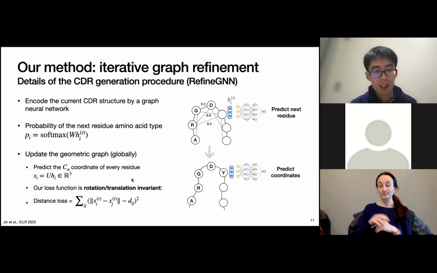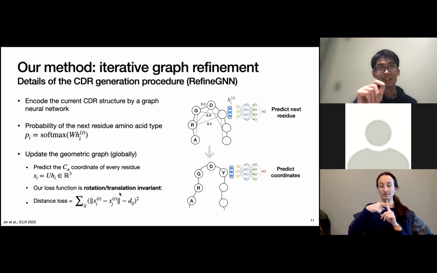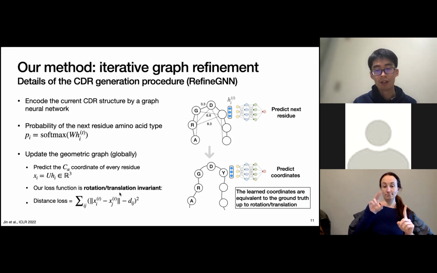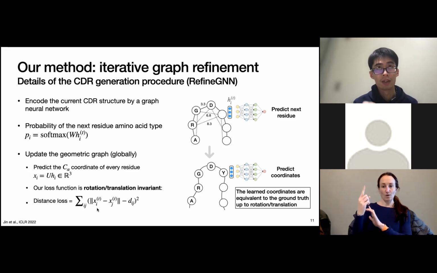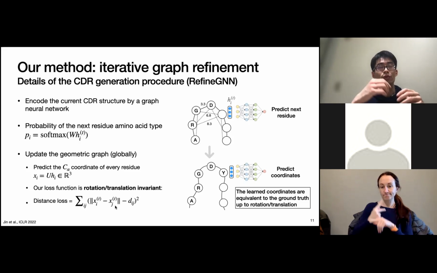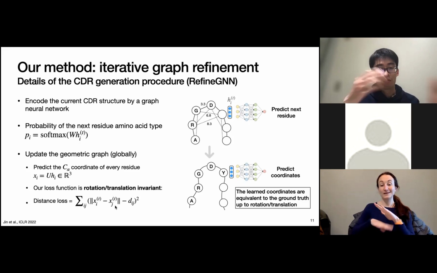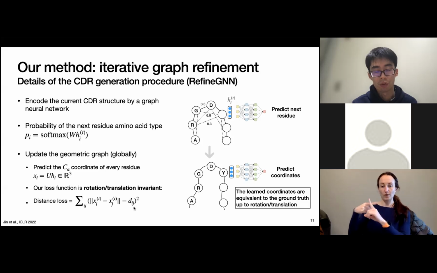But I just want to emphasize that our loss function is rotation and translation invariant, even though we output the coordinates directly, because our loss function is over the distance rather than the coordinate. The model just picks one coordinate system by itself, and within that coordinate system the loss function trains the model to produce coordinates that are close to the ground truth coordinates from the crystal structures.